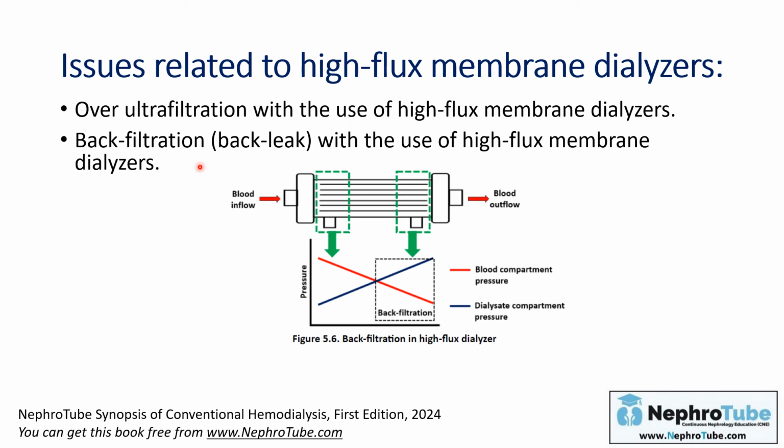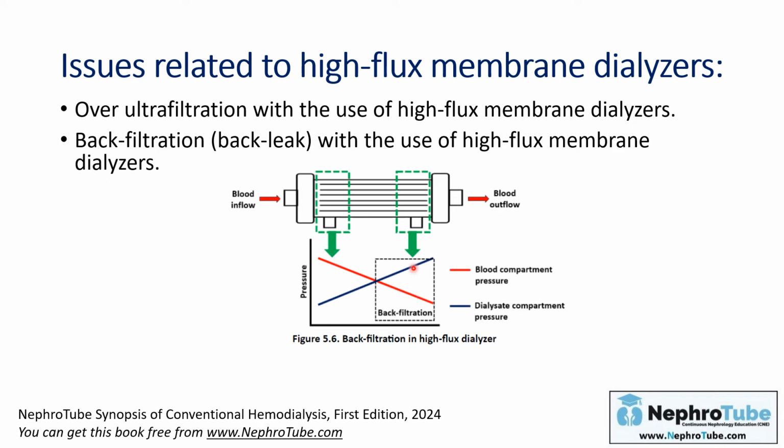As I'm showing in this figure, at the blood inlet, the pressure in the blood compartment, with the red line, will be more than the dialysate compartment. But with ultrafiltration of water throughout the dialyzer, from the blood compartment to the dialysate compartment, at the outlet of the filter you will find that the pressure in the blood compartment will become lower because water is ultrafiltered from the blood compartment to the dialysate compartment.